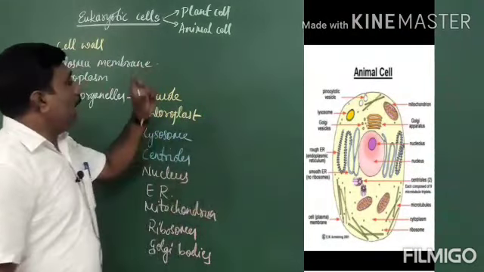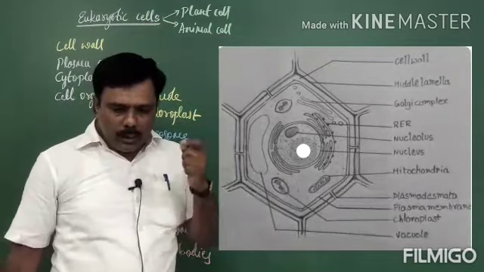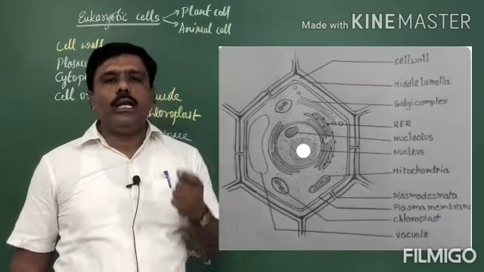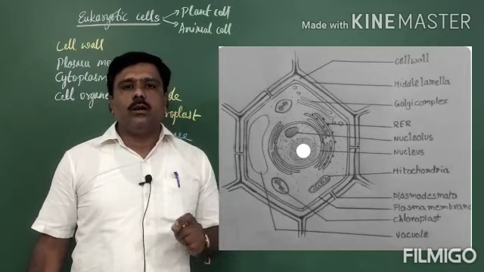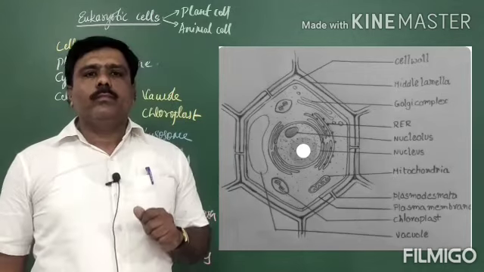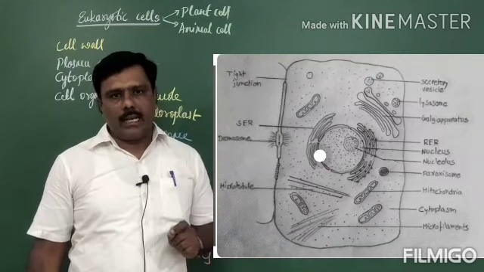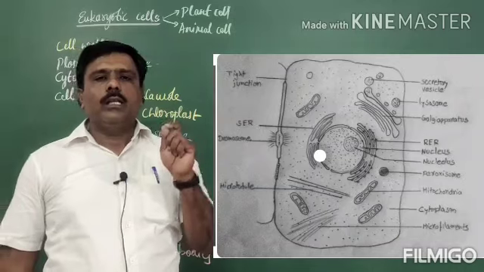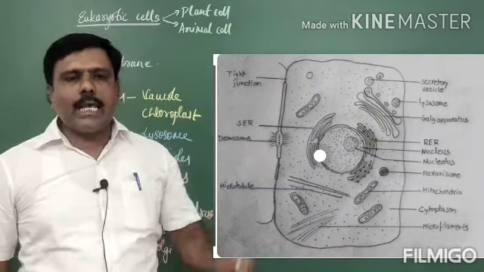See here, in your examination, they may ask you to draw a neat labelled diagram of the ultrastructure of a plant cell or of an animal cell. Anyhow, try to draw neat labelled diagrams of the respective cells.